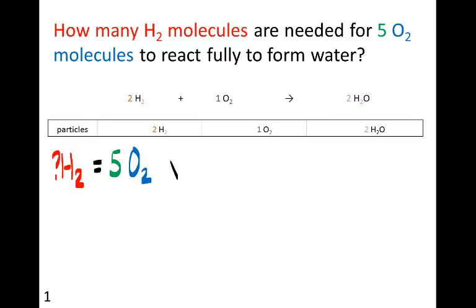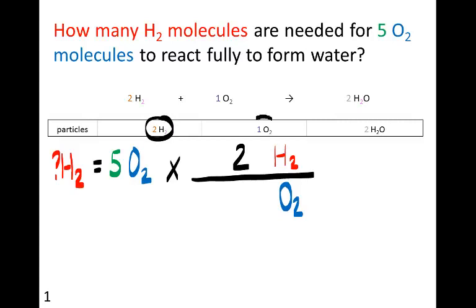So that's the question. We must now multiply it by a conversion factor, which has oxygen molecules at the bottom, not grams of oxygen molecules, just oxygen molecules, or not AMU of oxygen molecules, just oxygen molecules, and hydrogen molecules at the top. And we know that 2 hydrogen molecules react with every 1 oxygen molecule in this particular reaction, in other words, to form water.